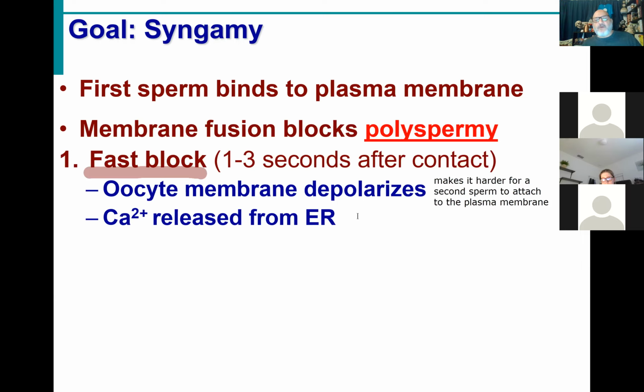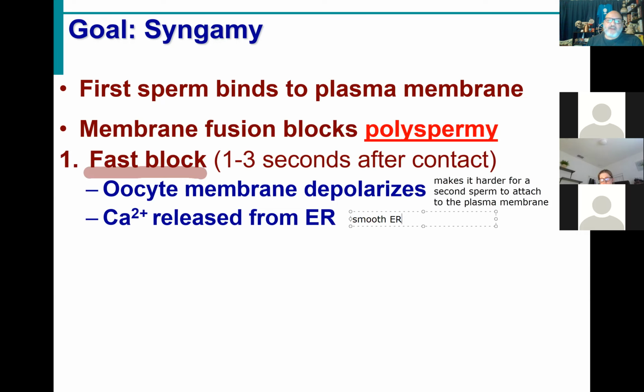Remember, we talked about in muscle tissue how the smooth ER, or what we at the time called the sarcoplasmic reticulum, stored a large amount of calcium. Calcium, of course, makes cells do wonky things. And in our muscle cell, that calcium causes the movement of the regulatory proteins, allowing the muscle to contract.